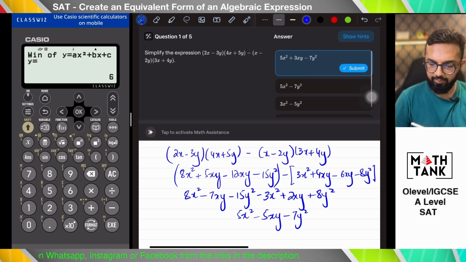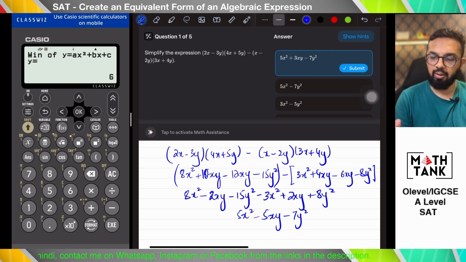I may have messed something up. Let's check. So I get 2x into 5x, that's 10xy, I think. That's minus 2xy plus 2xy.